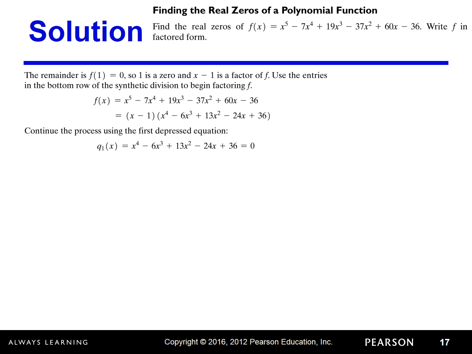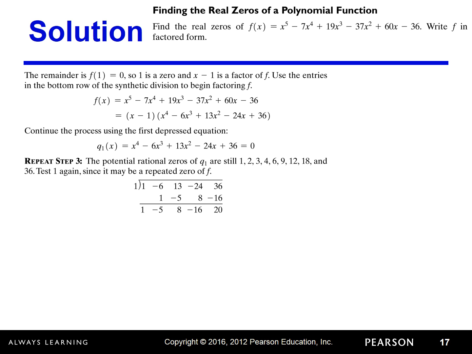Okay, so we go through our regular process. He already tried 1, and of course we saw 1 on the graph. And so we would, of course, run the synthetic with 1. Let's see, he's okay.